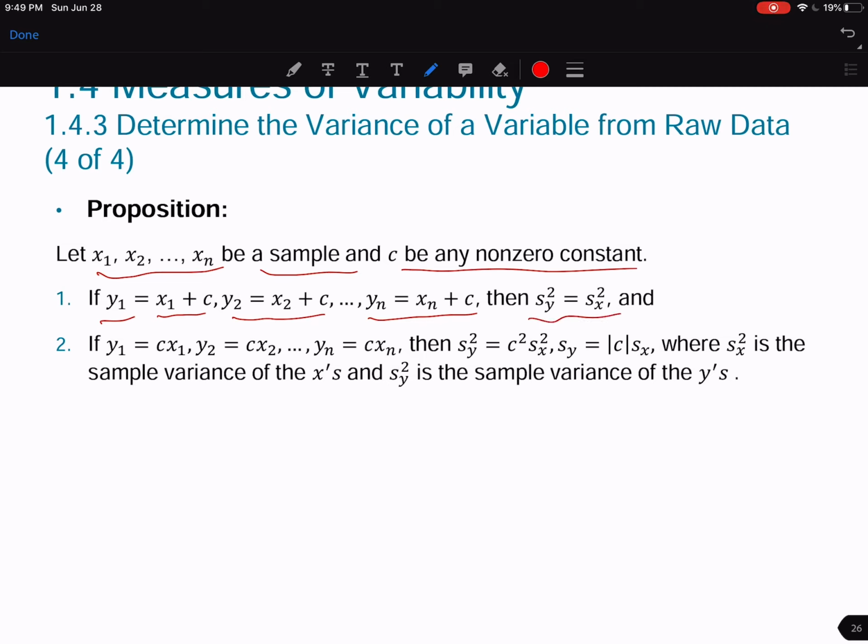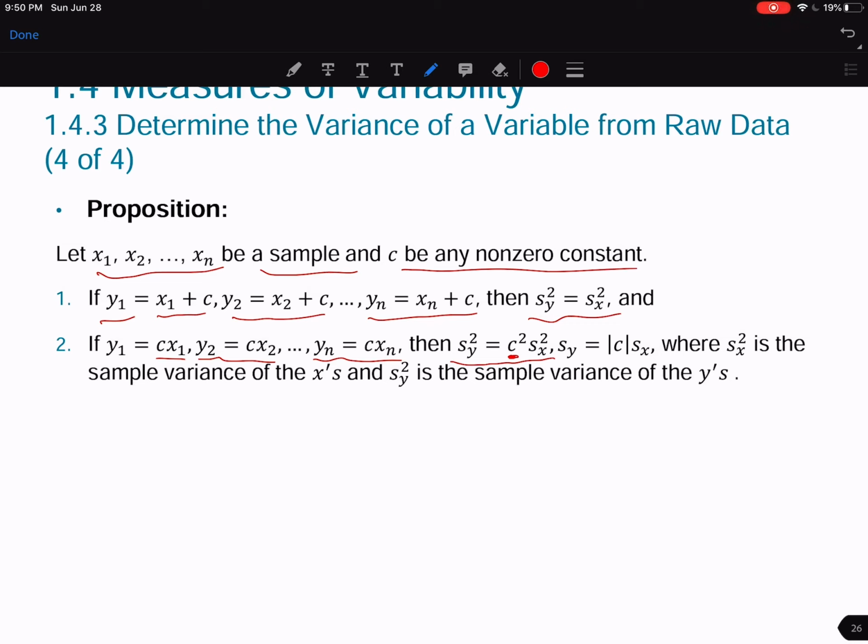Number 2, if y1 is equal to c times x1, y2 is equal to c times x2, until yn is equal to c times xn, then the variance of y is equal to c squared times the variance of x.